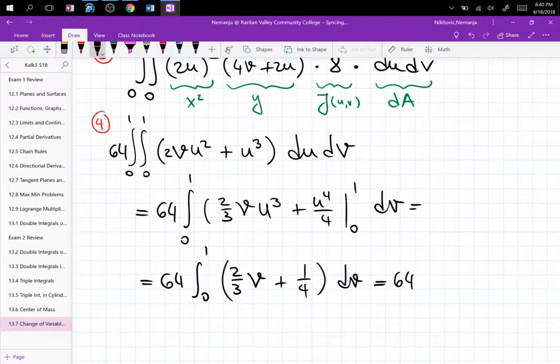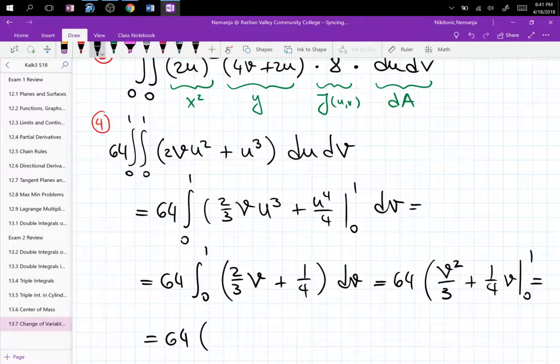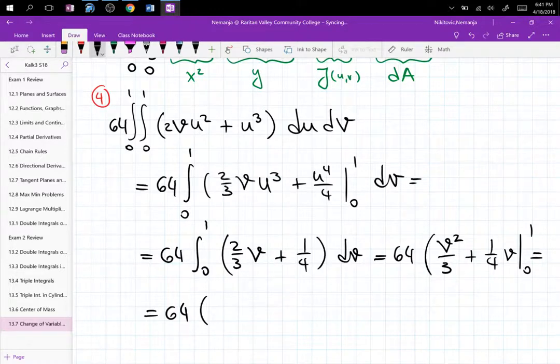And now 64 times the integral of this is v squared over 2. 2 and 2 cancel, so I have v squared over 3 plus 1/4 v from 0 to 1, and that's 64 times 1/3 plus 1/4.